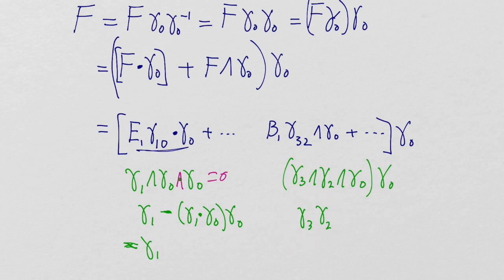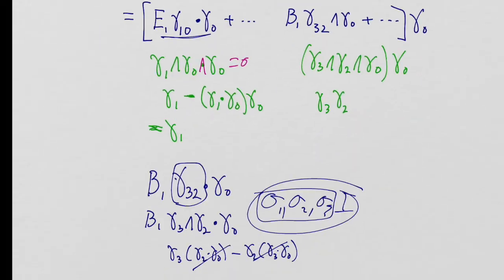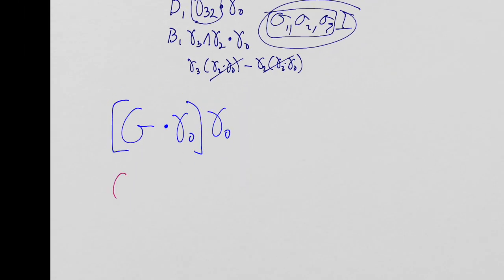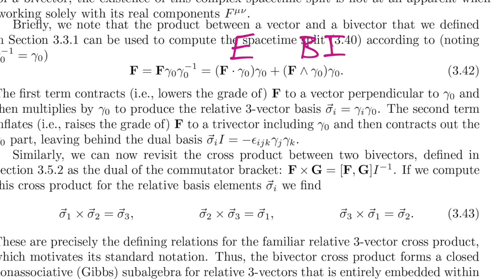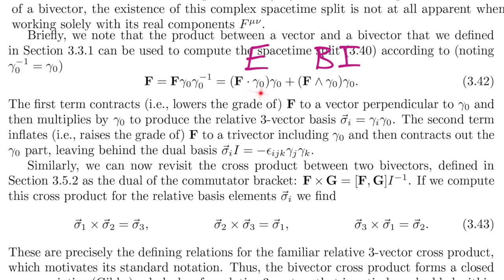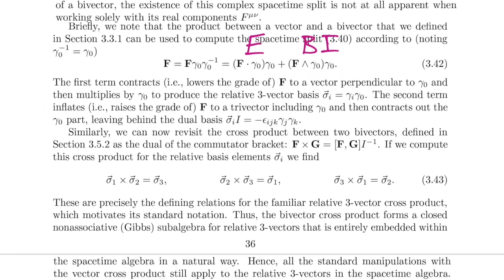So we now can say that the dual to the relative 3-vector part for any vector G, we can say that's going to be G wedge gamma 0, gamma 0. So that's what they're saying in that paragraph, that if you wanted to pick out the relative vector part or the dual to the relative vector part, you use these two formulas to do it.